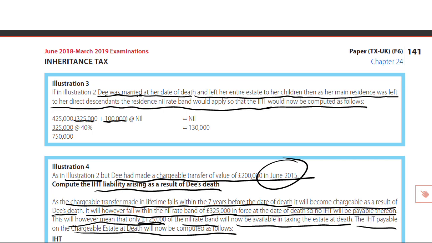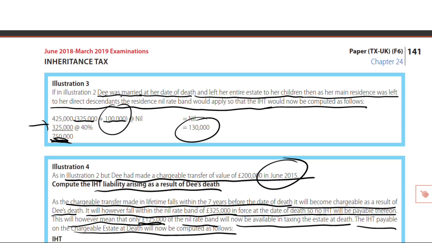So we've now got a grand total of £425,000 of nil rate band to apply. That therefore means that only 325,000 of the 750,000 remains, and on that basis we can reduce the tax charge to 130,000. That's an extra £40,000 of tax saved as a result of the residence nil rate band.